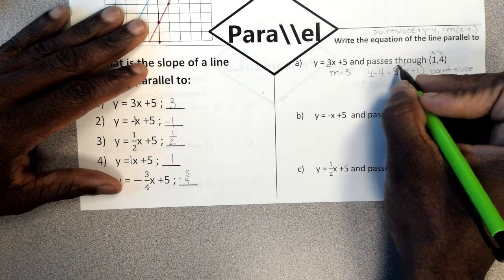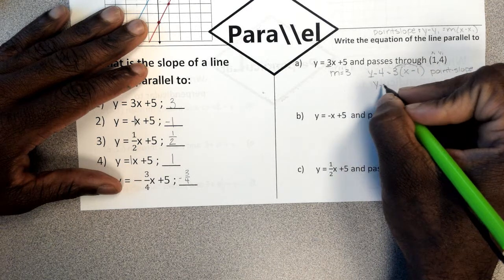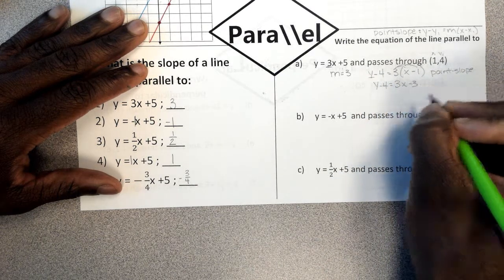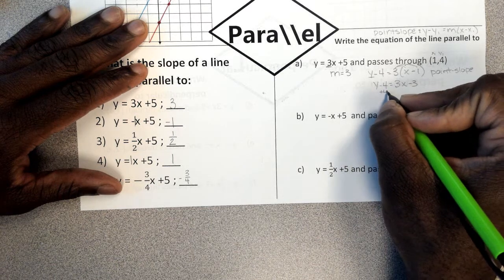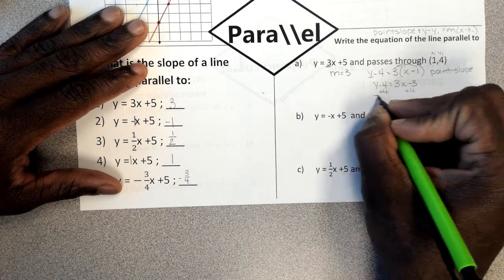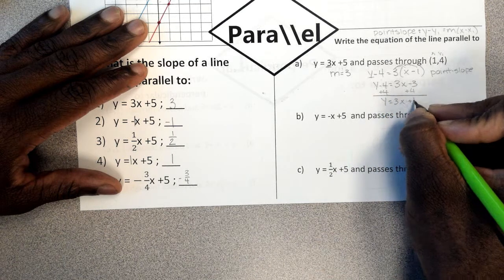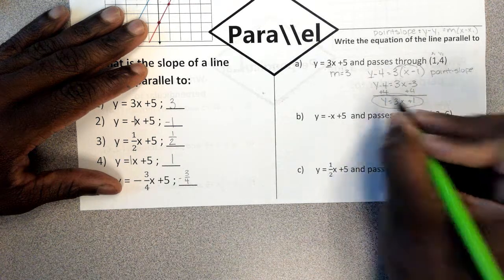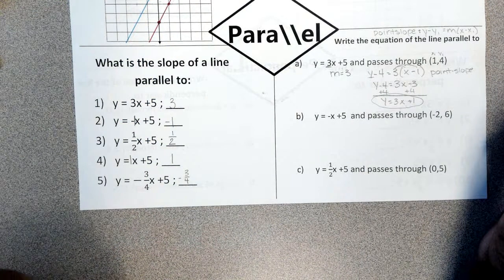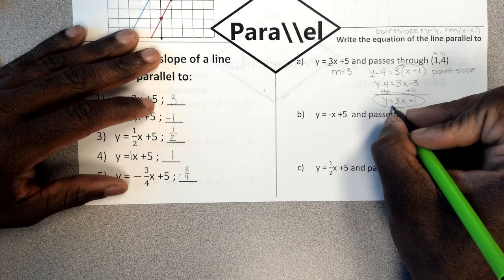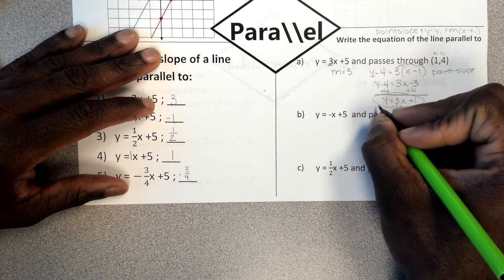So we're going to distribute the 3, and then add 4. Boom. So this is our equation. All right, and then if it asks us to put it into standard form, remember you want to get x and y on the same side.